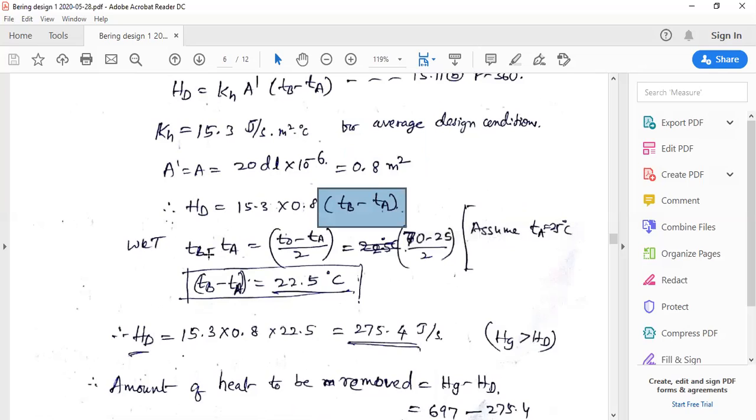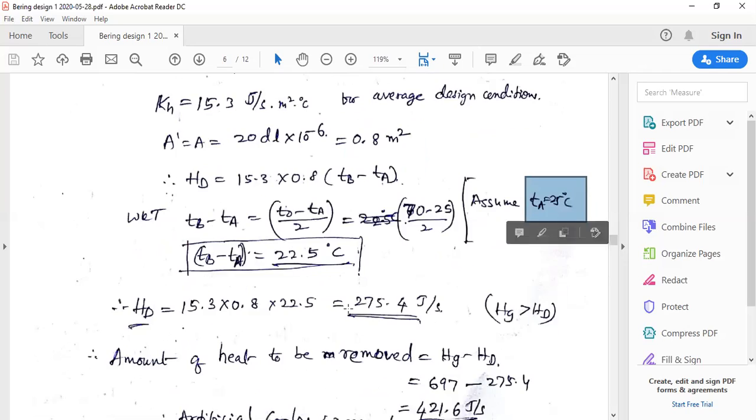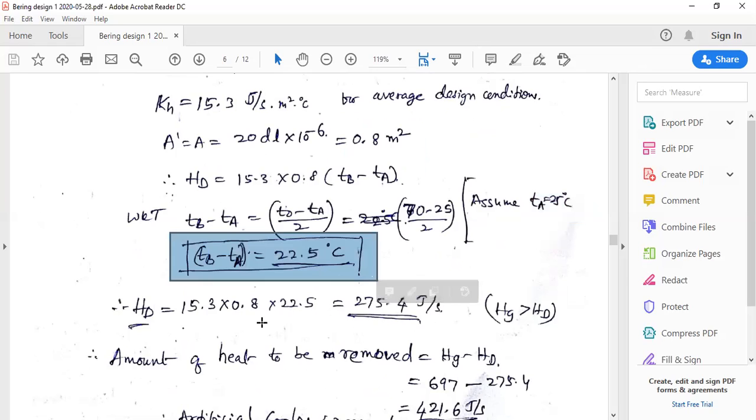Since TB is not given, we have a standard equation: TB minus TA is equal to T naught minus TA divided by 2. T naught is 70, minus TA which is 25, divided by 2. TA is assumed here as the ambient temperature. So TB minus TA is equal to 22.5 degrees centigrade.